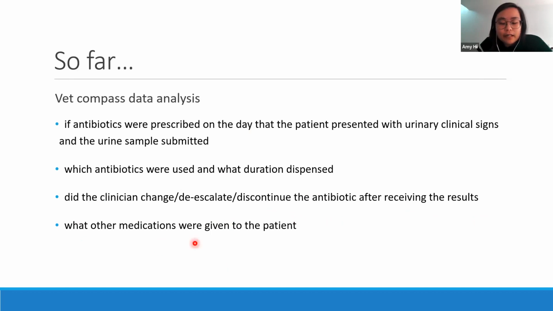And what other medications were given to the patient on the day, like pain relief or anything else. So far, there's not enough information yet to come to any conclusion. In the future, I would also like to compare the antibiotic use for urinary tract disease cases in the time period before the study and during the study.